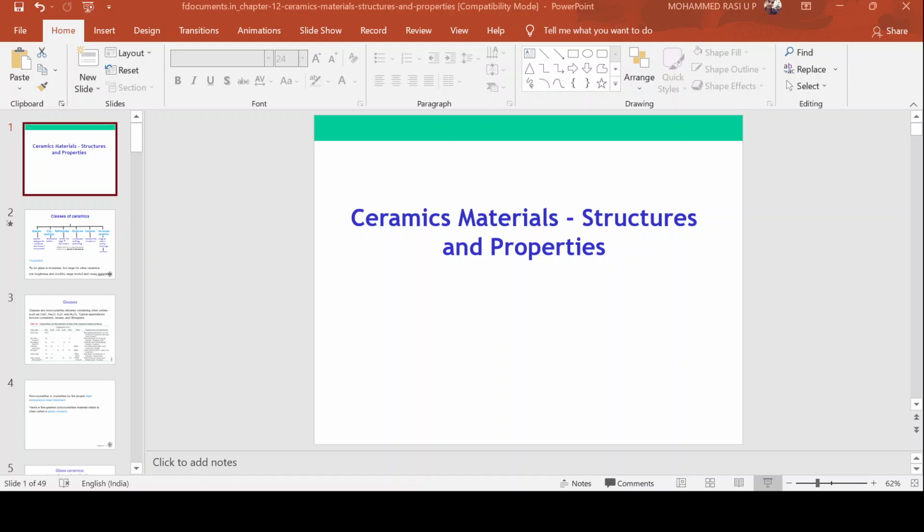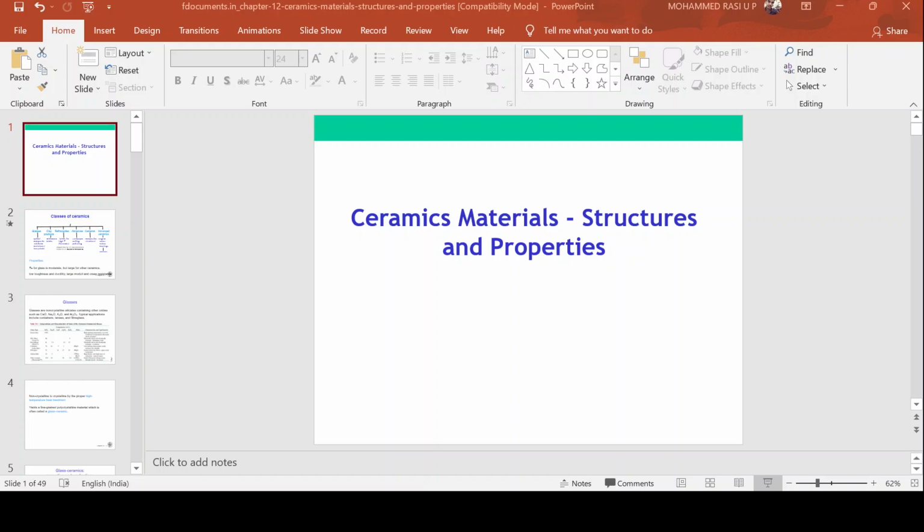Other examples are uranium oxide, thorium oxide, zirconium oxide, and cerium oxide, CeO2. Then there is the anti-fluorite structure, where the cations and anions are reversed.